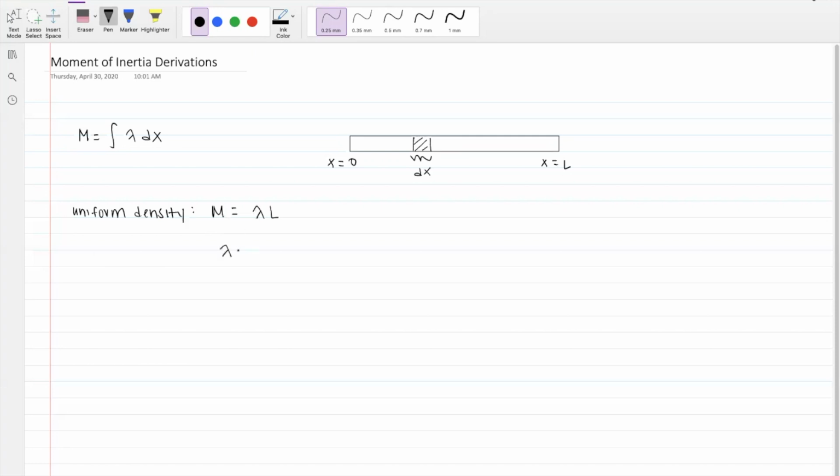Now this can be rewritten as lambda is equal to m over L. So what this means is that with a given rod, the mass located in this dx will be constant for every dx. So the mass collected in this instantaneous length will be constant throughout the entire length of the rod from 0 to L.